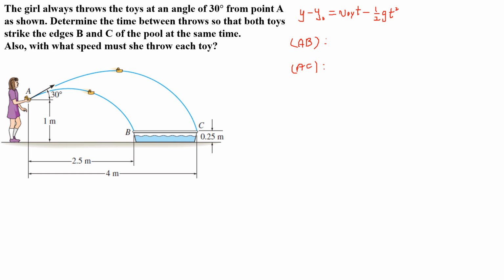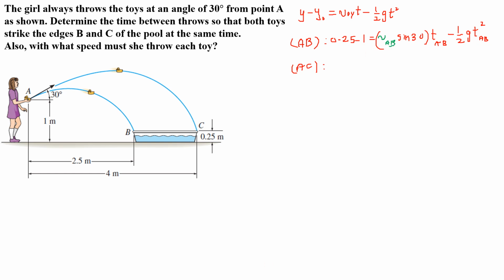So I have 0.25 minus 1 equal to the initial velocity, which I'll call VAB, times sine 30, since this is the vertical component of the velocity, times the time, which I'll call TAB, minus half g TAB squared.